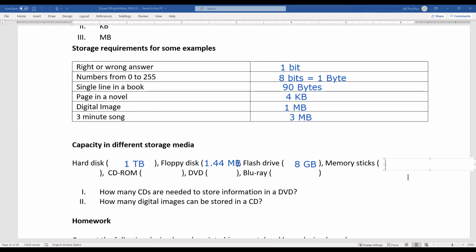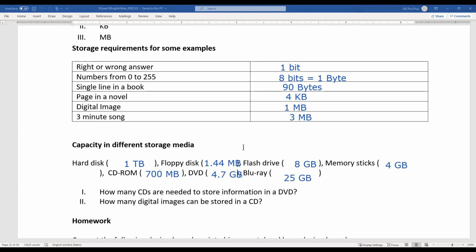Memory sticks, maybe 4 gigabytes. CD-ROM is fixed, 700 megabytes. DVD is about 4.7 gigabytes. And Blu-ray, roughly about 25 gigabytes. This is how different storage media work and their capacities.